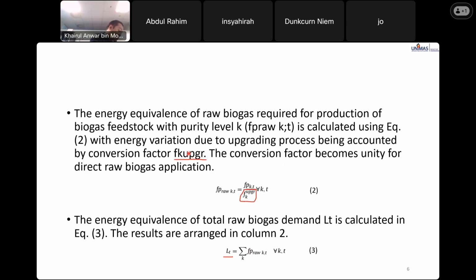So FK upgrade in table 1 is the conversion factor accounting for energy change due to the biogas upgrading system. So the conversion factor becomes unity for direct biogas application. FPO is equal to FPKT over F upgrade.